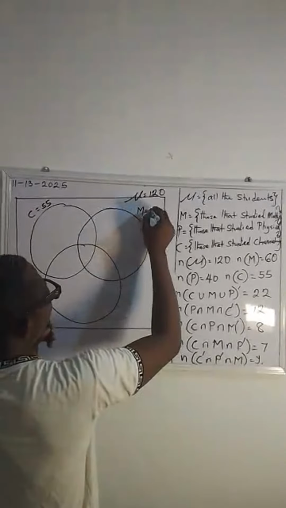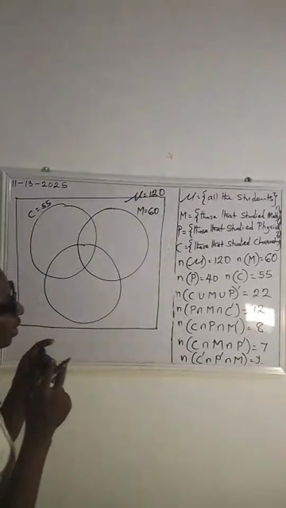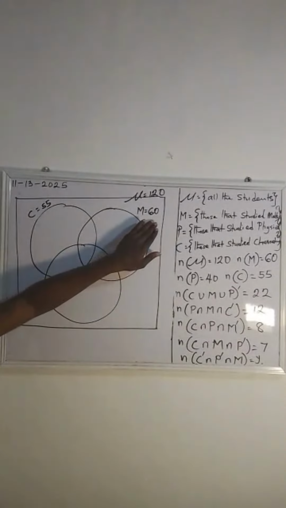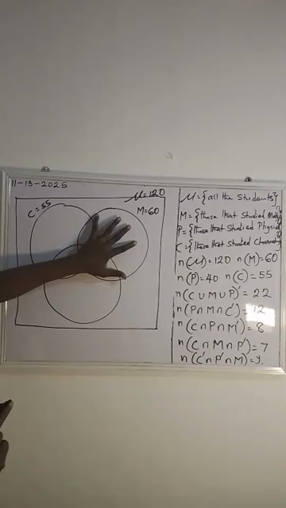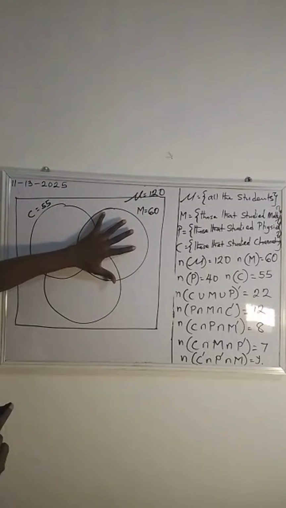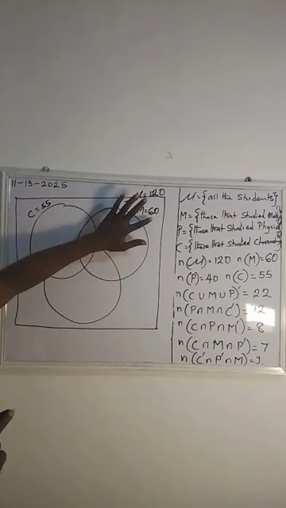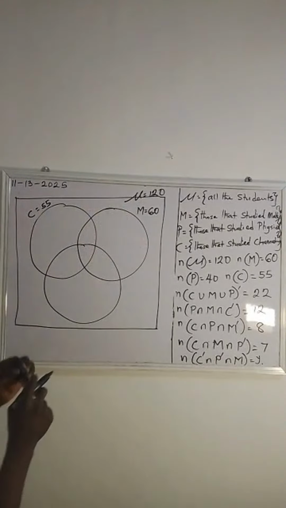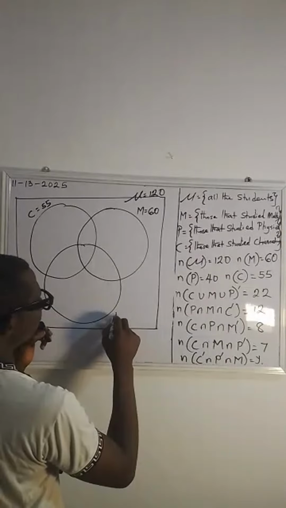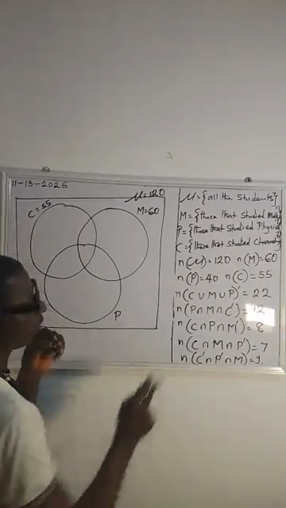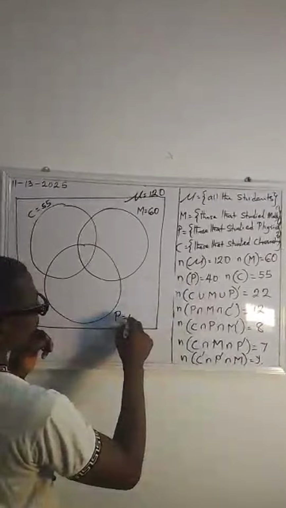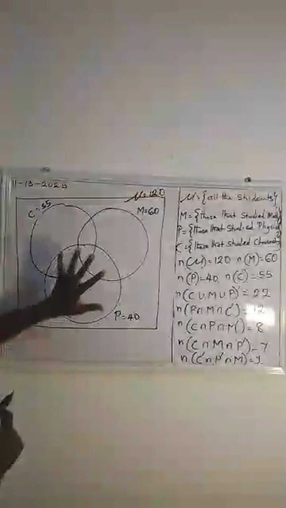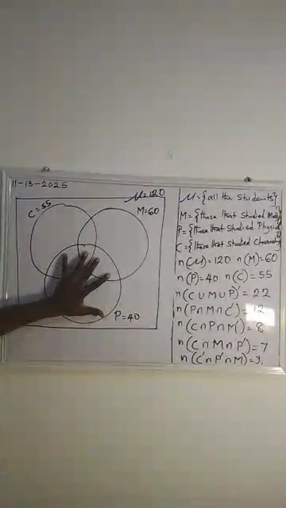The total students that study mathematics is what? 60. So the total number of students that will be in this circle will be 60. Now let's look at the third set. That's P. Those that study physics. How many are they? There are 40. So the total number of students you are going to see in this circle must be 40, according to our question.